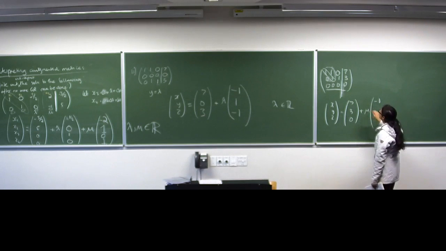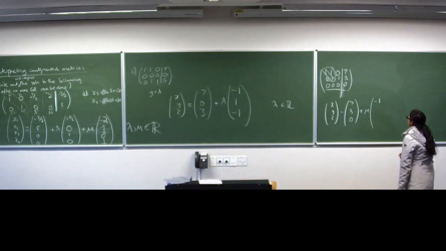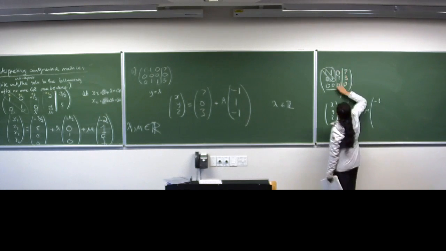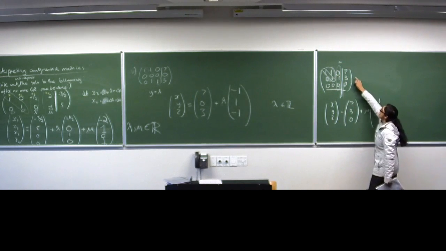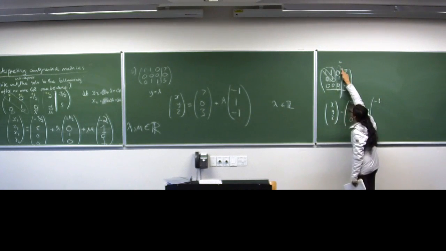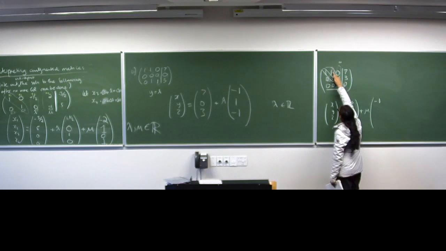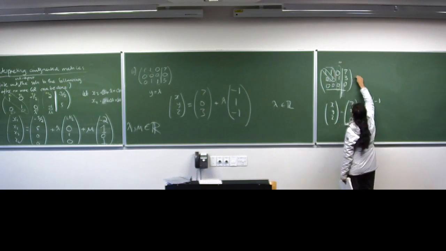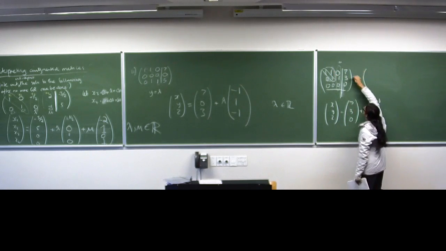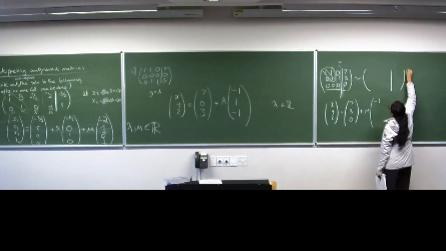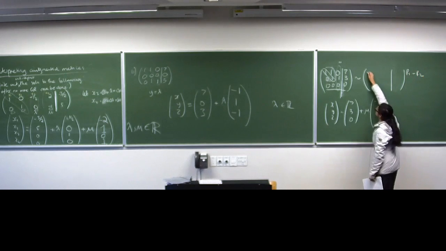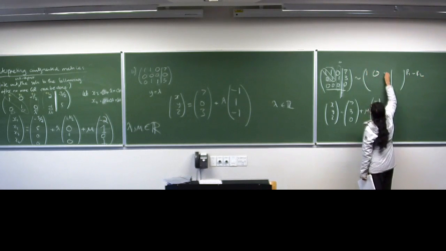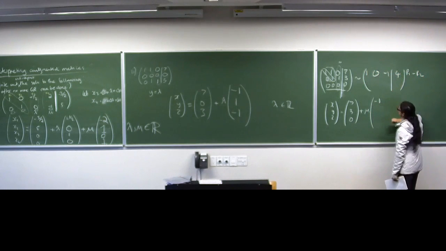Now this is your lambda, your mu. If I make this my mu, I need to Gauss reduce this further. So I'd say row 1 minus row 2, and so I'd get 0, minus 1 and 4.